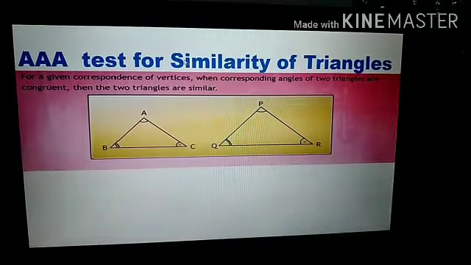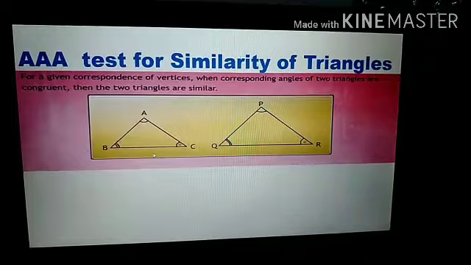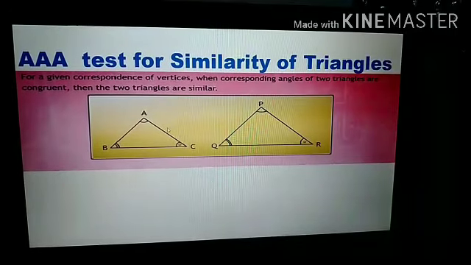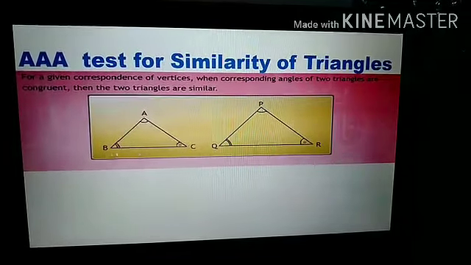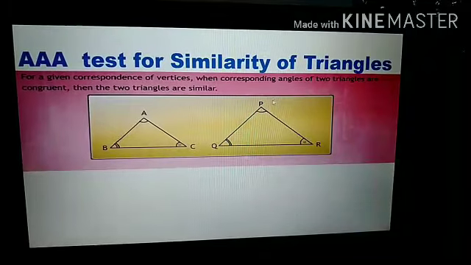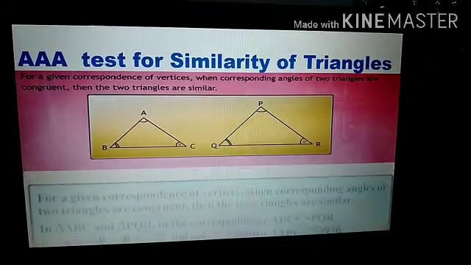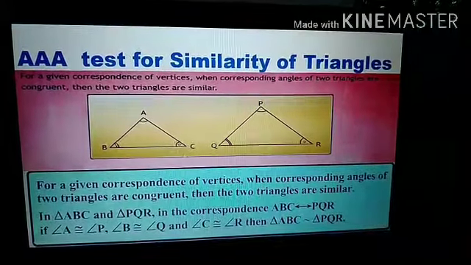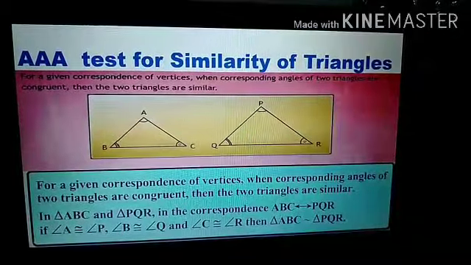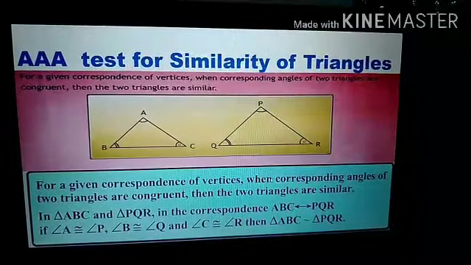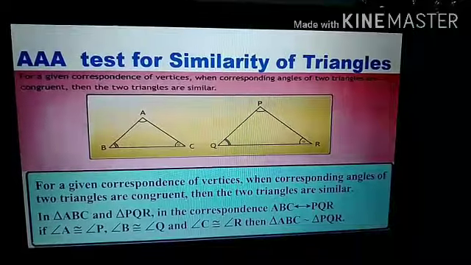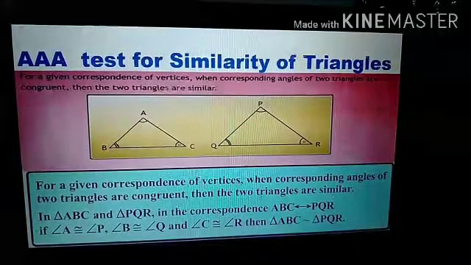So in the figure, the angles of triangle ABC are congruent to the corresponding angles of triangle PQR. Now let us see how we are going to write it. For a given correspondence of vertices, when corresponding angles of 2 triangles are congruent, then the 2 triangles are similar.